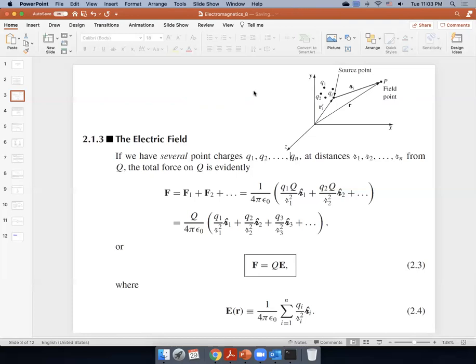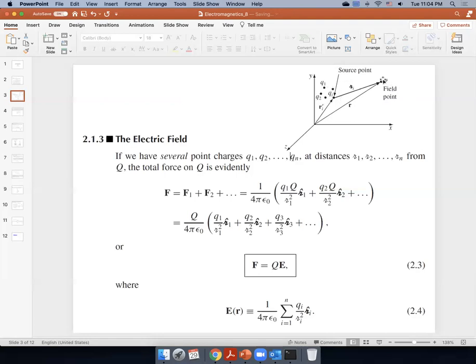So if there is more than one charge, and you put a test charge in the system, you can calculate the net force on this test charge generated by all the charges in the system. For example, now you have a lot of point charges like Q1, Q2, Q3 until Qi. You have i point charges here.